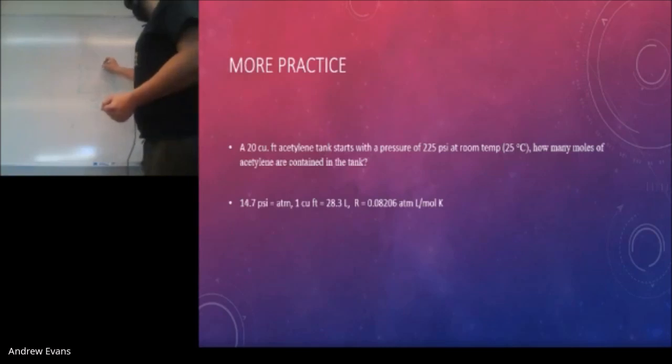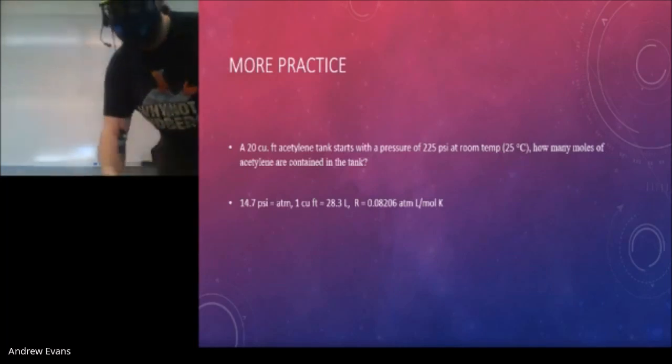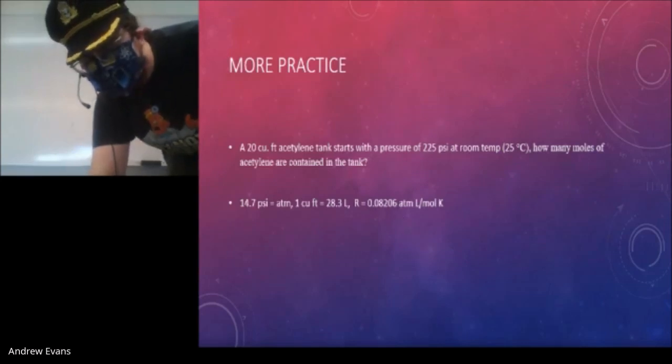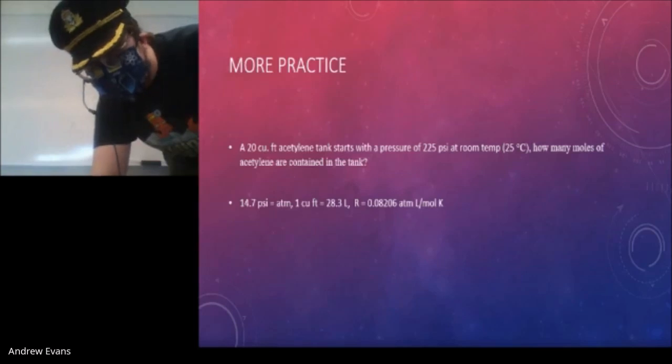Moles is unknown. Volume is 20 cubic foot, so that's feet cubed. And pressure is 225 psi. So with that in mind, I give you the conversion of cubic feet. I give you the conversion of psi. We'll start by doing that.